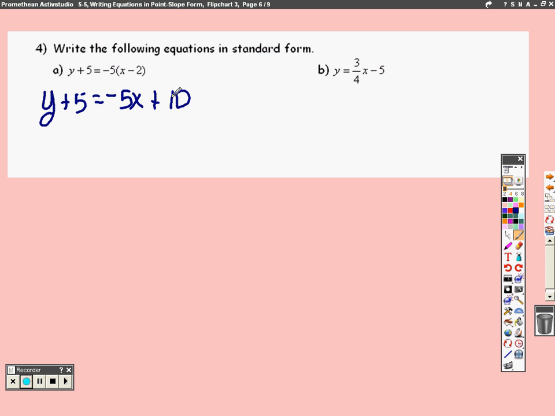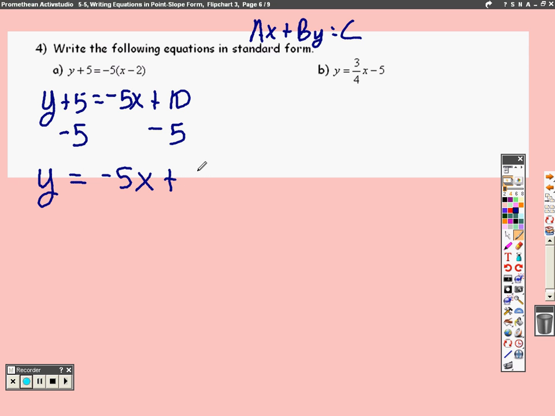Okay, and now I want to get it into ax plus by equals c form. All right, so I'm going to subtract 5 from both sides, and I end up with y equals negative 5x plus 5.